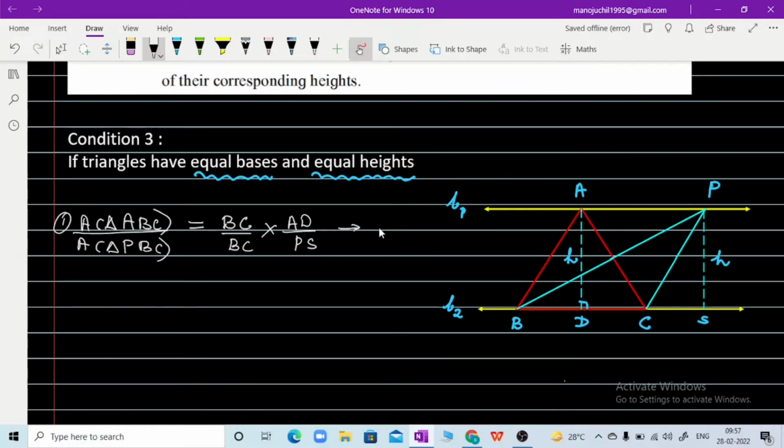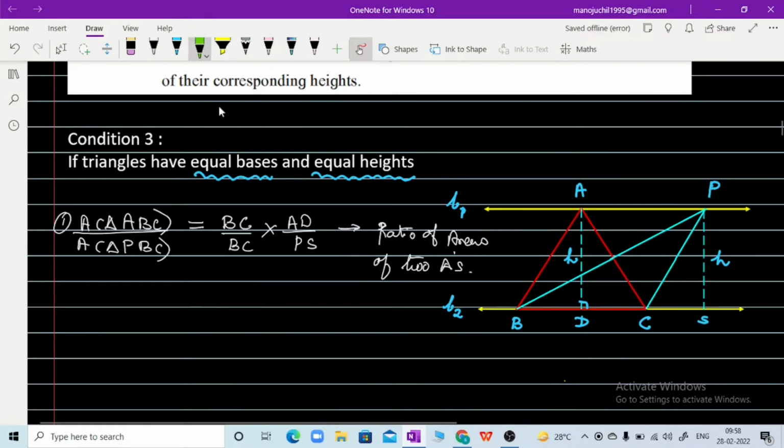This I got from the ratio of areas of two triangles. Now let's see, can it get cancelled? Both the triangles are sitting on the same base, so I can easily cancel BC and BC. Same is the case, even AD and PS are equal.